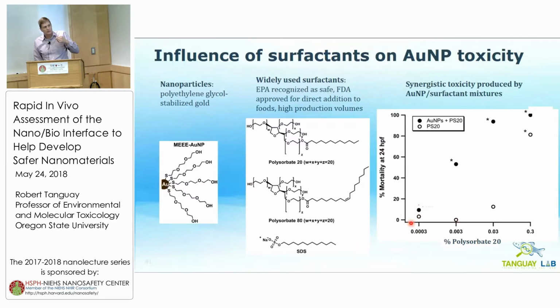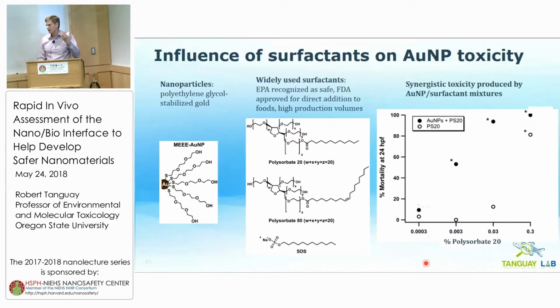If you increase the concentration of just Tween, if you go to a high enough concentration, you might imagine surfactants will dissolve an embryo. So when you get a high concentration of Tween on its own, it'll cause toxicity. But what you see is a synergism with the nanomaterial, which was never toxic before. We've done this literally hundreds, if not thousands of times. And suddenly, in the presence of Tween, as you increase the Tween concentration, it becomes toxic.